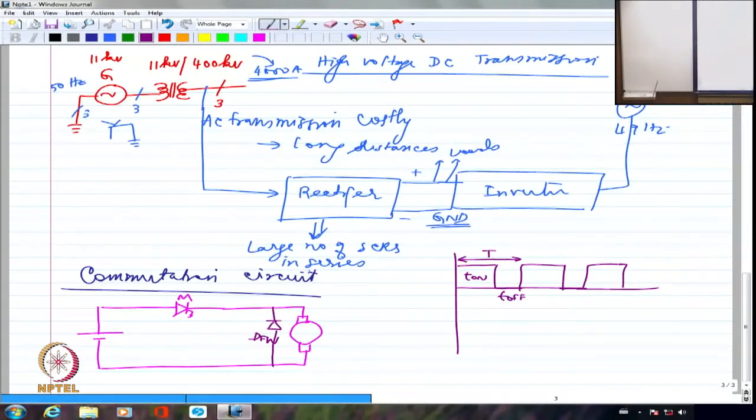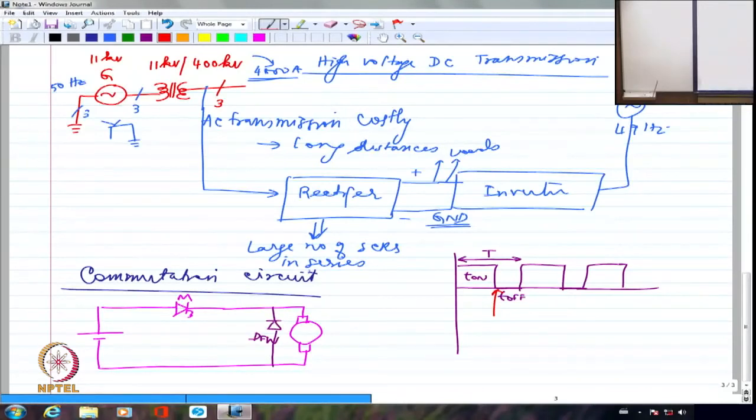So I have to turn this off at this point. If I don't turn it off at this point, it is going to be difficult. I can't really get the average voltage to be less than the input voltage. To turn it off, had it been a transistor or something, I could have just removed the base drive, and it would go off, simply.